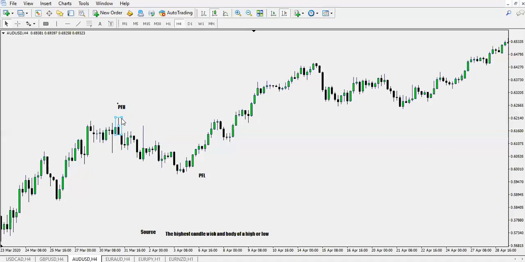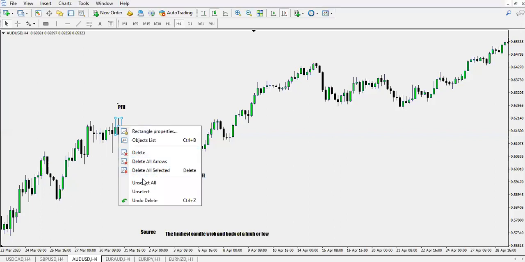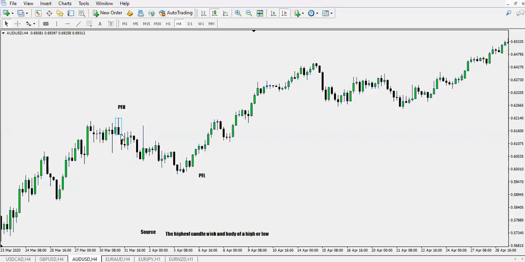You mark it up from the wick to the wick, encapsulating the whole candle. And again, we will choose this candle over here for our source on the peak formation low.